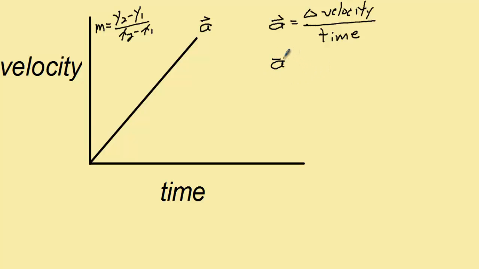Well, looking here for acceleration, change in velocity would be final velocity minus initial velocity. That's y2 minus y1 over. Now, we can't go backwards in time. Time's always going to be a positive change, so we can get away down here with just putting time in for the independent variable.